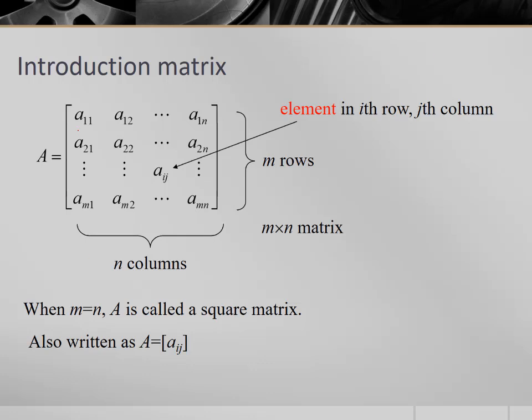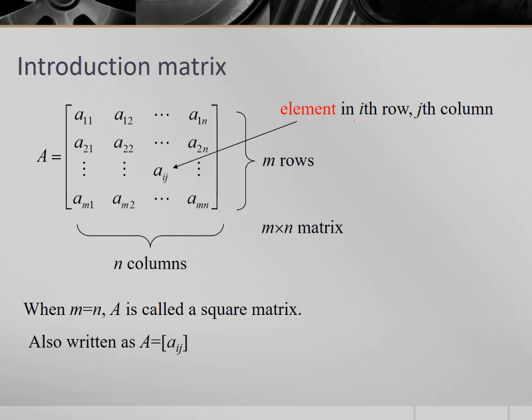Each number in the matrix we call an element. A11 is an element, A12 is an element, A1n is an element, A21, A22, A2n are elements. For example, Aij is an element.